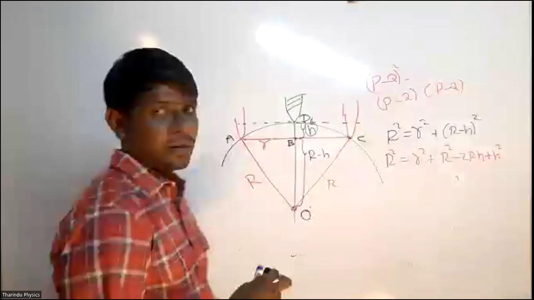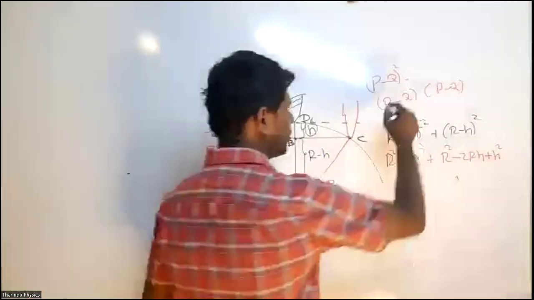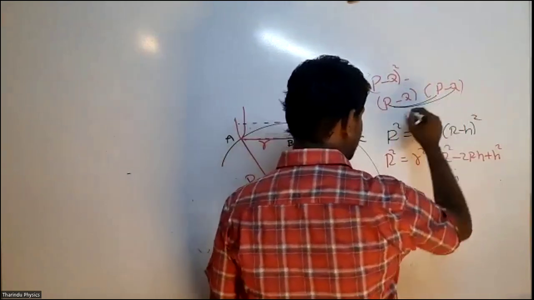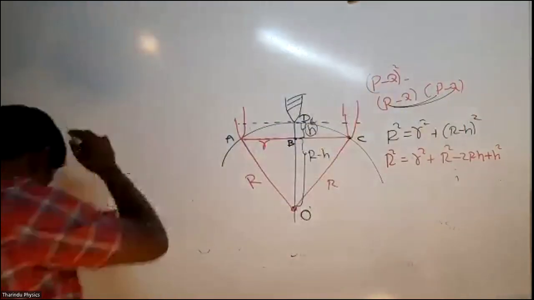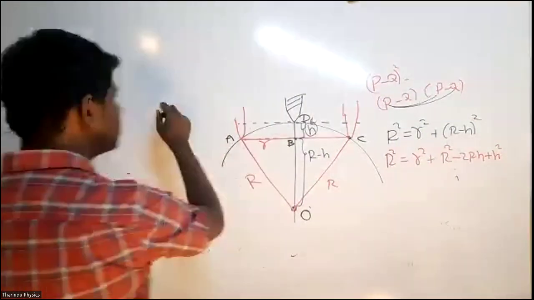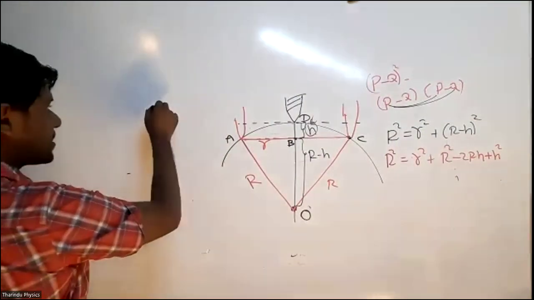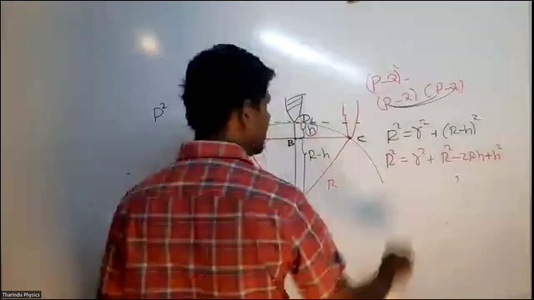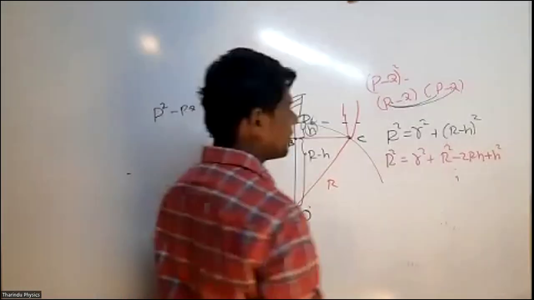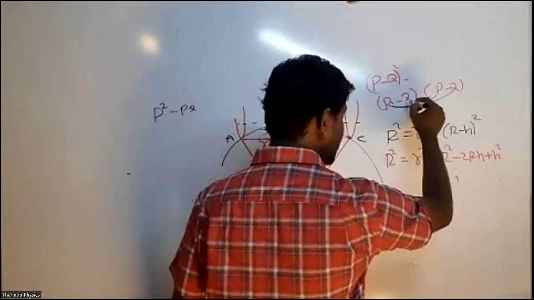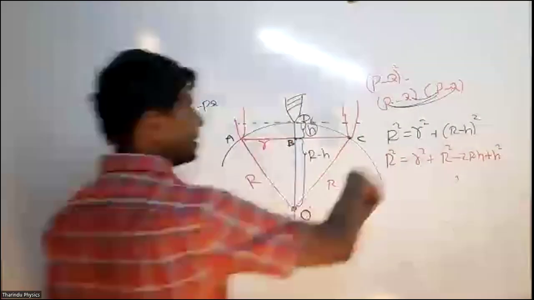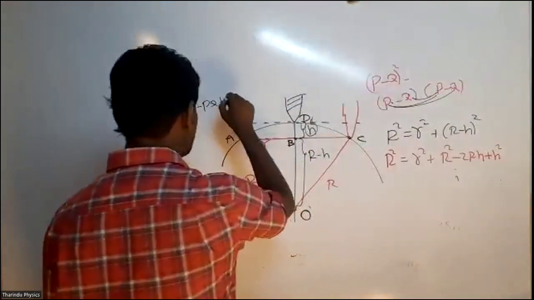You multiply by p, then again by q. So p square, p by q minus pq, then q by p minus pq, then q by q plus q square.